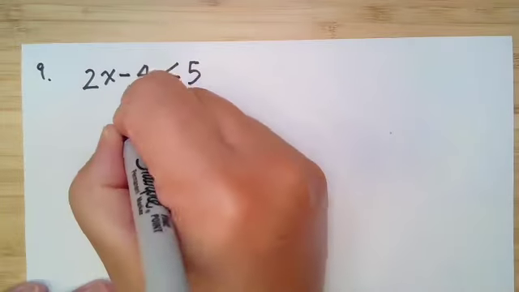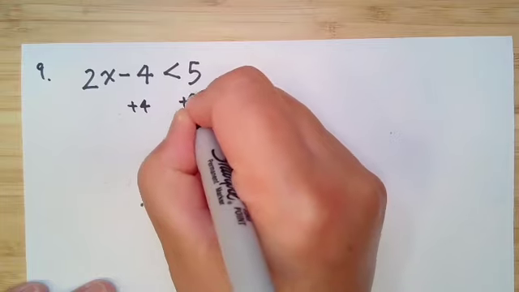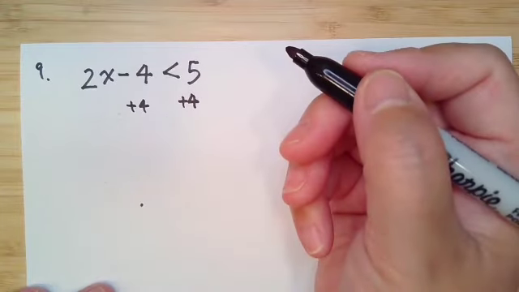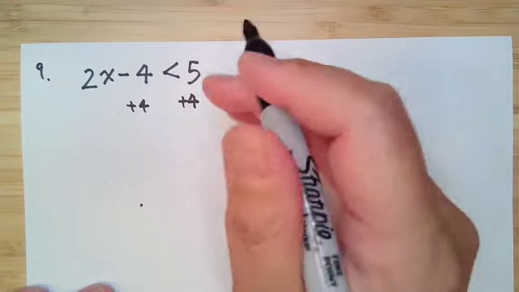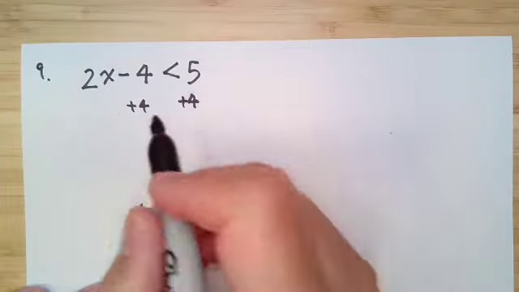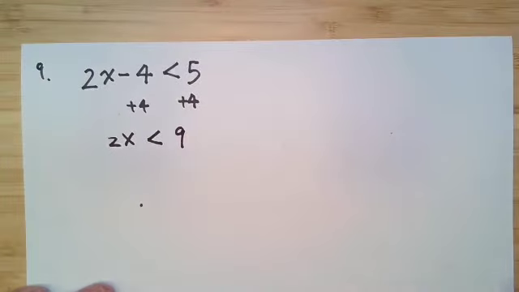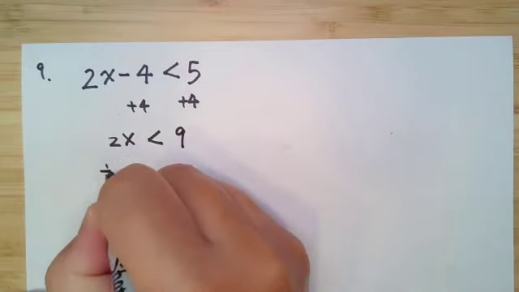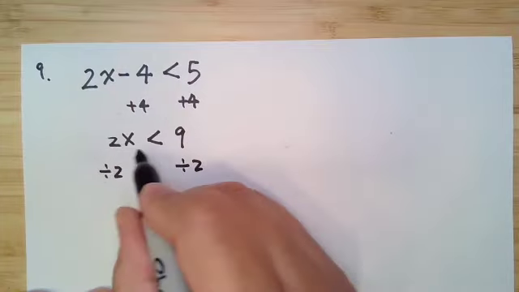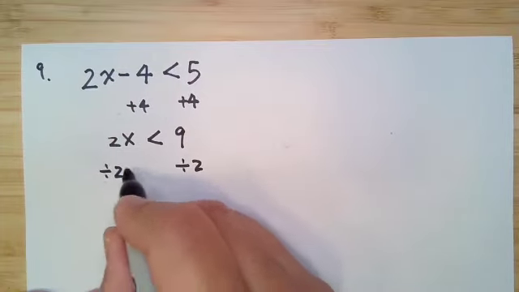So we add 4 first. When you add or subtract a number, you still keep that inequality sign. So we have 2x is less than 9. Then the next step, you divide by 2, and 2x divided by 2, that's a positive number, so I still have the same direction.